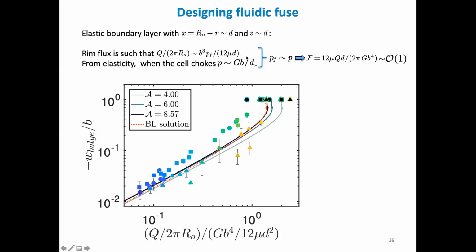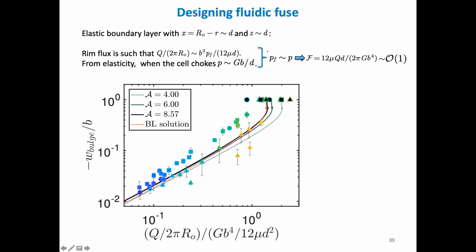it's going to touch the top boundary of our Hele-Shaw cell. So we can estimate the pressure needed for our elastic boundary to deform in such a way that it basically touches the top of the cell, and that's what's happening here.